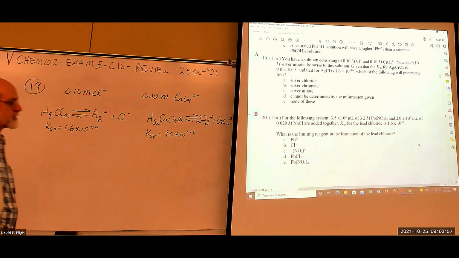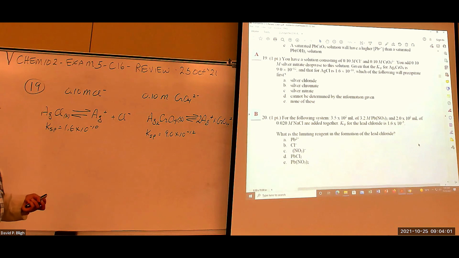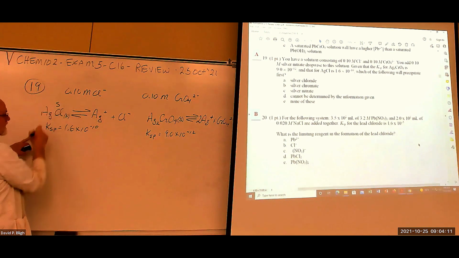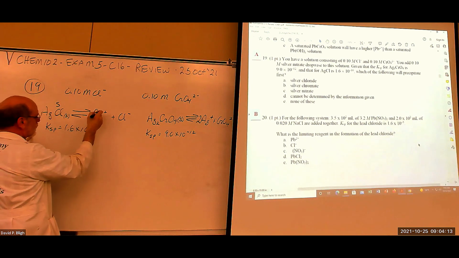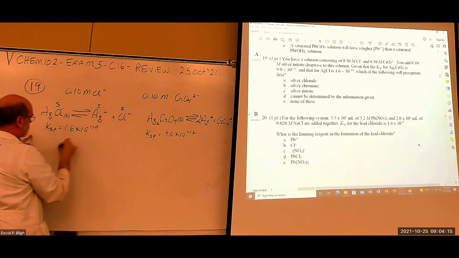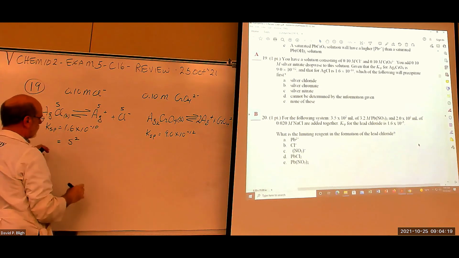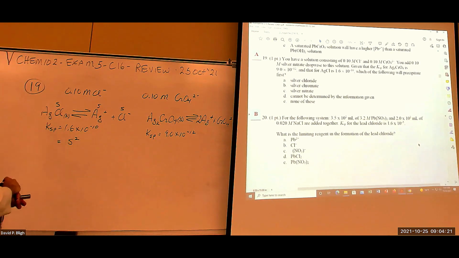Okay, which one's going to precipitate first? The one with the lowest solubility will precipitate first. So what is the solubility of each one? Well, if the solubility of this one is S, then this one's going to be S, and this one's going to be S. So this is equal to S squared, correct?